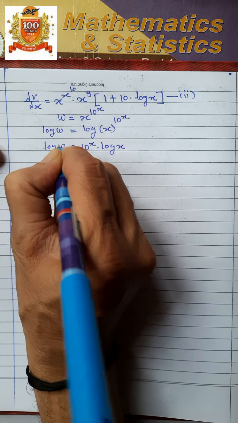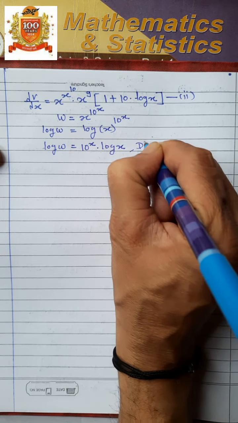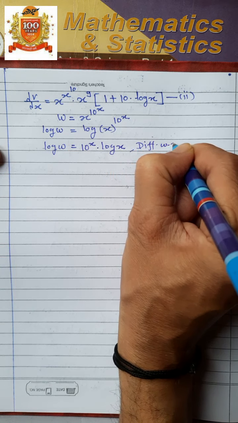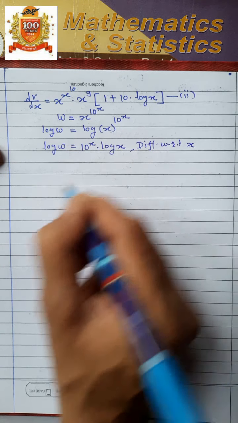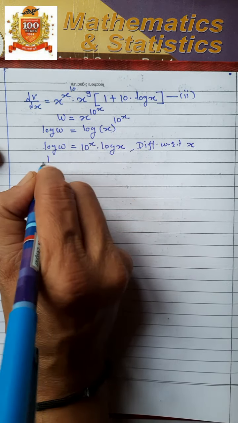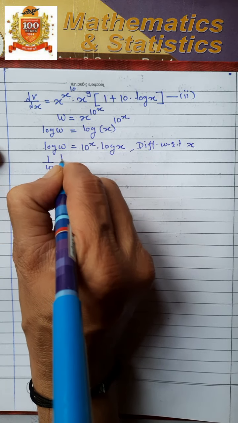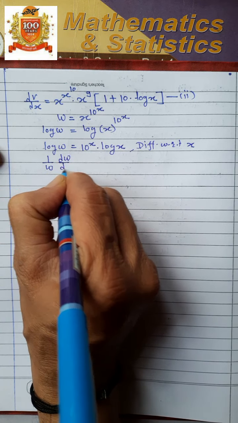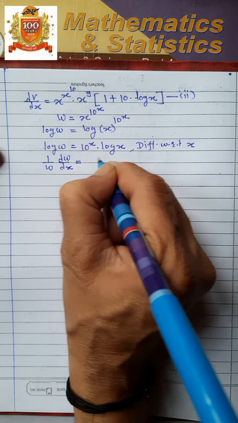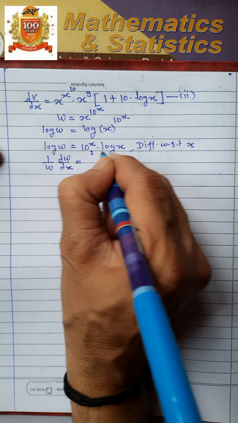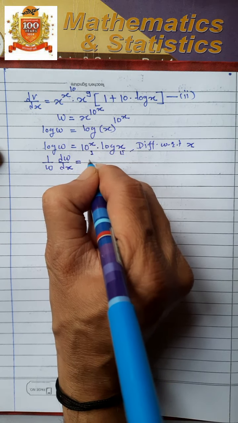Differentiating with respect to x, we get 1 upon w into dw by dx is equal to, this is first function, this is second function.